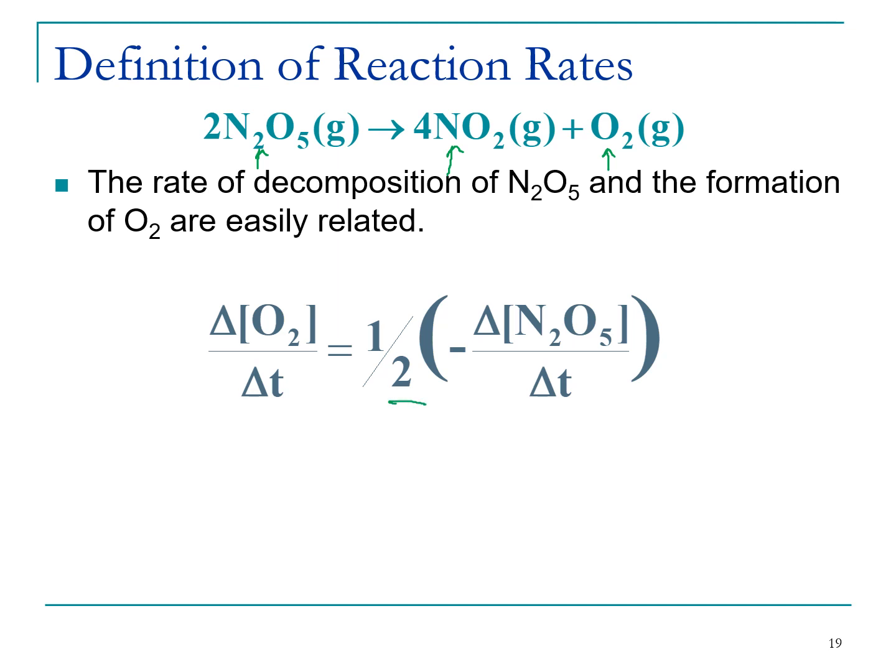We need 2 N2O5 to decrease to get 1 O2. That means the rate of O2 increasing is half as fast as that of the N2O5 decreasing, because there are 2 of these decreasing for every one of these increasing. So notice all I did was divide by the coefficient. And I put the negative because it's decreasing.